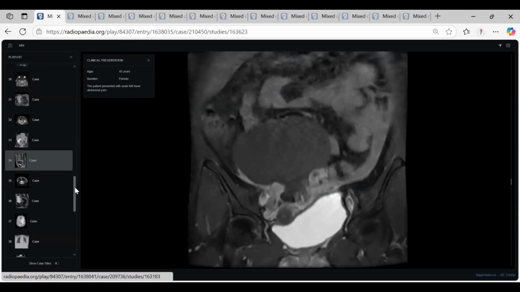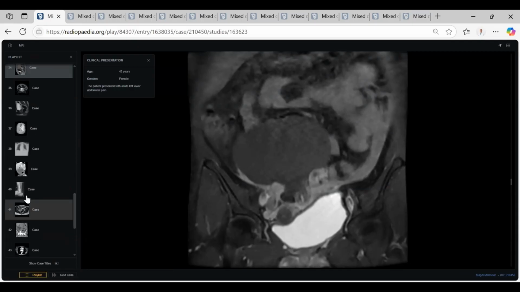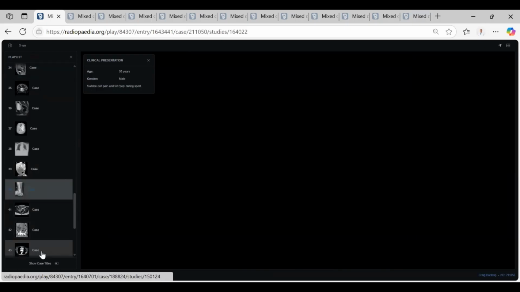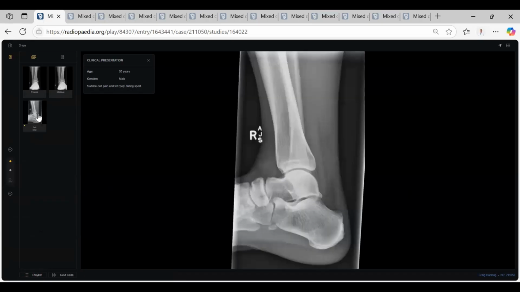Whatever the nature of the pathology, don't worry, it will add nothing to the exam. The most important thing is torsion, because in any ovarian lesion above 5 cm, we should talk about torsion.